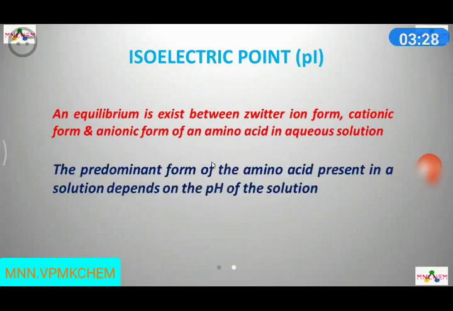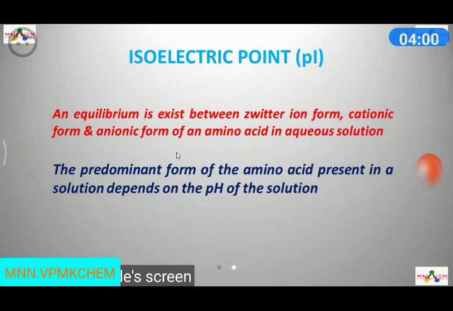Now, out of these cationic and anionic forms, the predominant form depends on the pH of the solution. When we say a particular form, say the cationic form of amino acid, is in major proportion in the aqueous solution, it depends on the pH of the solution.